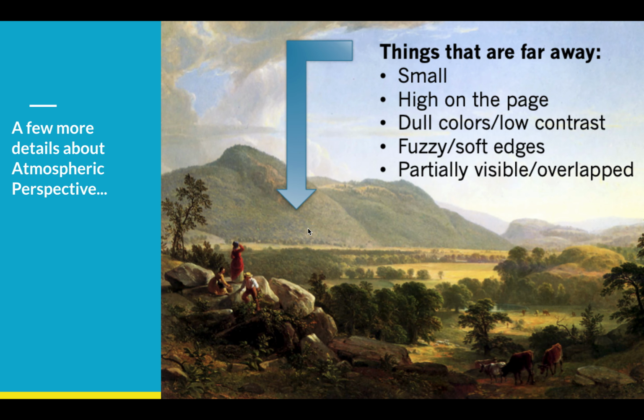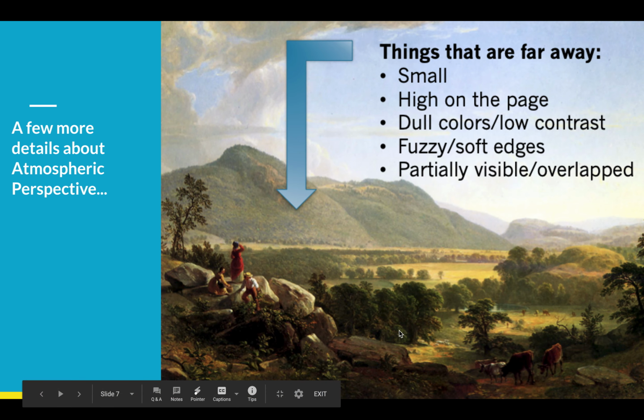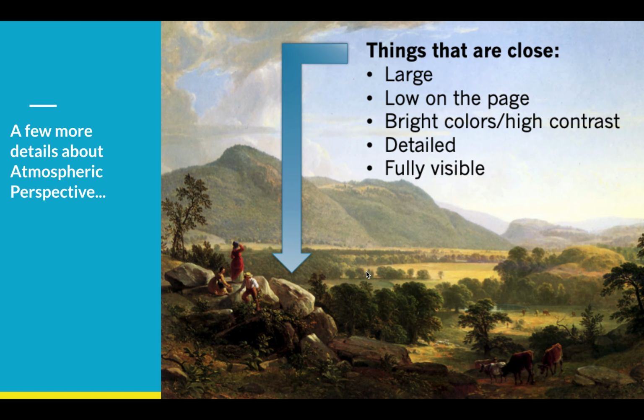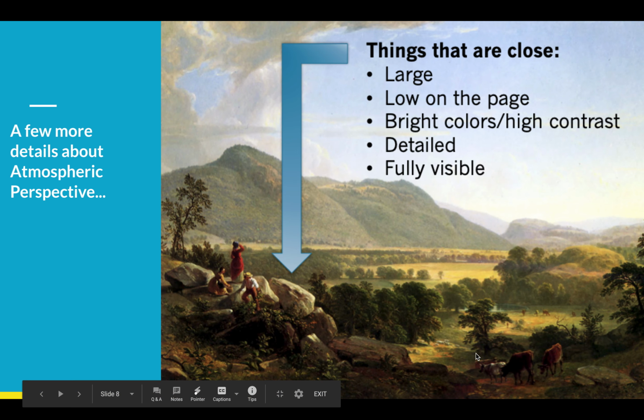So for example, these trees back here in our background, they're smaller than the trees in here. They're up higher on the page. Again, these greens are a little bit softer, have less contrast, and they're overlapping each other. In comparison, these things in here are in our foreground. They're a lot larger. They're low on the page down here.